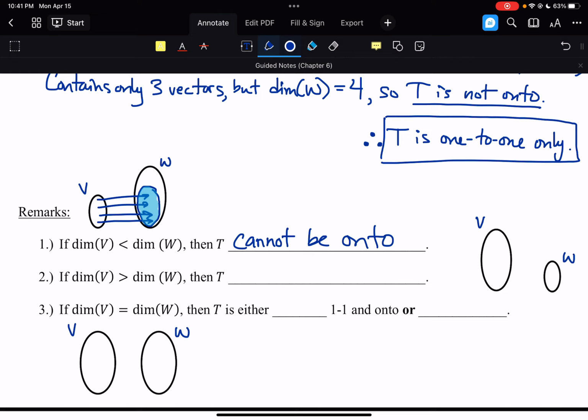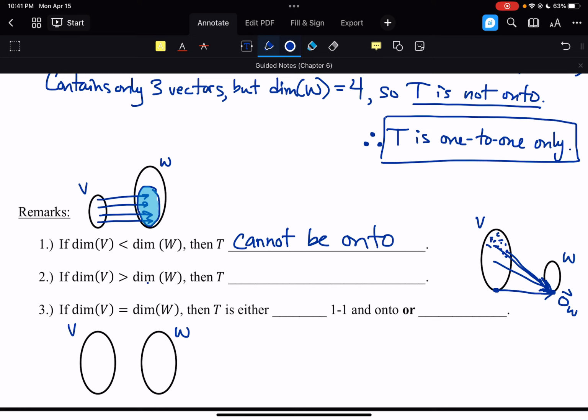If the dimension of V is greater than the dimension of W, so like over here, then if we're looking at the 0 vector in W, the 0 vector might go there. However, there are so many extra vectors in here that you're going to start getting double ups and maybe triple ups, et cetera. The 0 vector will not be the only thing transforming to 0.